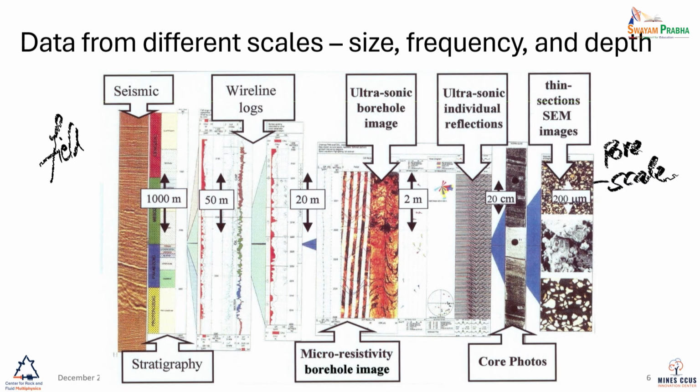So we are averaging. We are averaging over all of these properties one scale up. So the challenge then becomes, if I have a pore scale model, that pore scale model needs to now be scaled up. So let's say I have a pore scale model for this part here, and I have a pore scale model for this one here, and for this one. Out here, that might be one piece of information, which means all of these combined will give me one data point here.